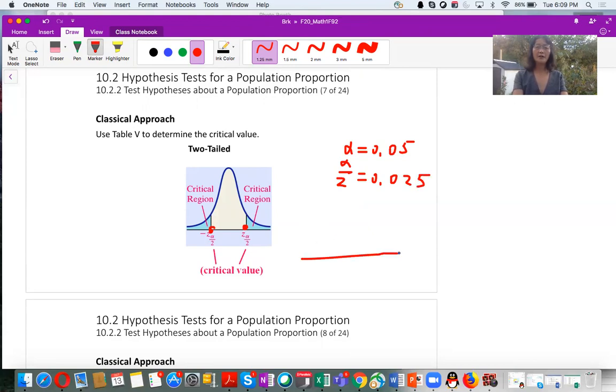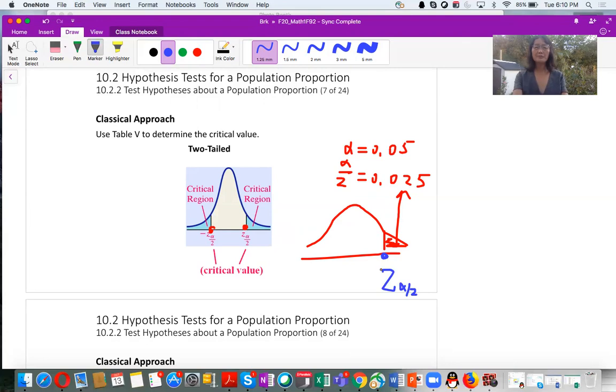And the meaning of half alpha is this area, 0.025. When you have an area 0.025, we say this point is the z-value corresponding to half alpha. So z half alpha is a point, half alpha is an area.